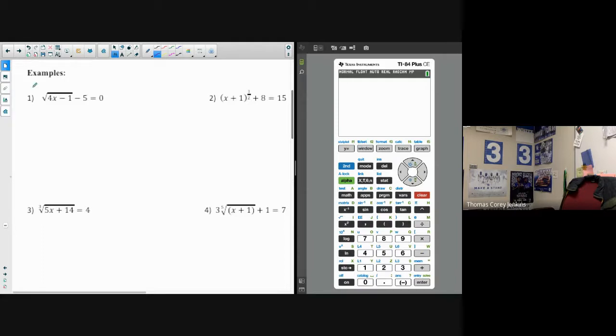So the first thing you'd want to do on number 1 is isolate the radical expression, right? So we want to move that -5 to the other side. So we're going to go square root of 4x minus 1 is equal to 5. Okay, and then if it's just straightforward, like it's a square root, if you want to undo a square root, the inverse of that would be to square both sides.